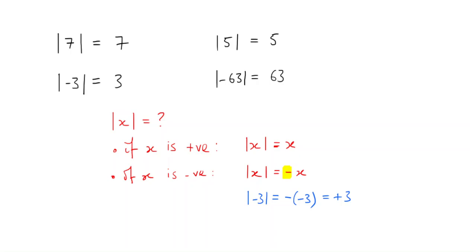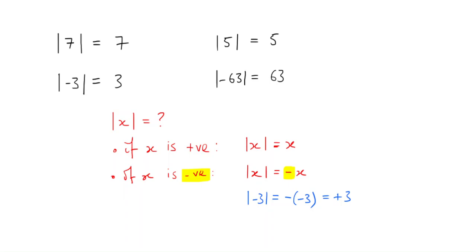Okay, so the key idea is what's the modulus function doing? If x is positive, then mod x is the same, it's just x. But if x is negative, then mod x turns it into a positive, and the way it does that, you can imagine, is by timesing by negative 1.